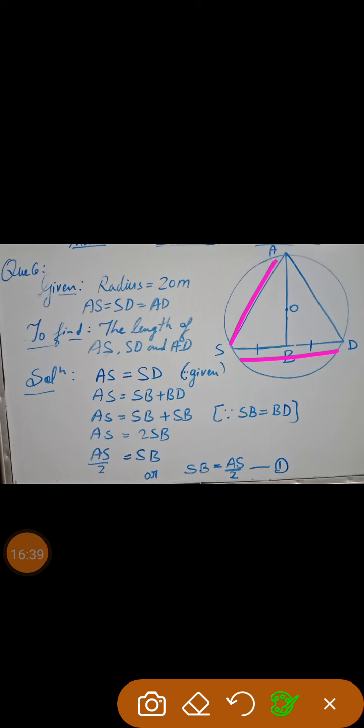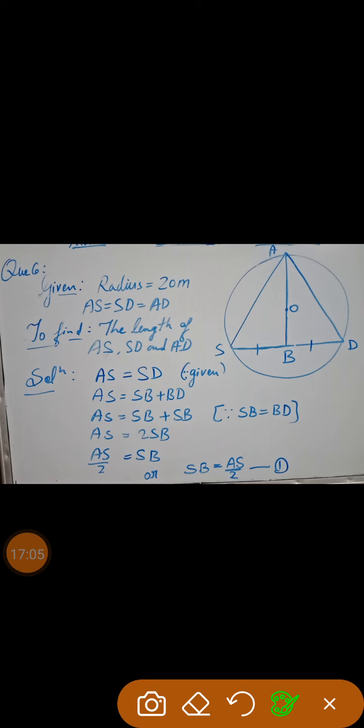It is given that they are equal, so we take AS equal to SD. Now in place of SD, can we write SB plus BD? In place of SD, meaning this whole, can we write SB plus BD? So we are writing SB plus BD.